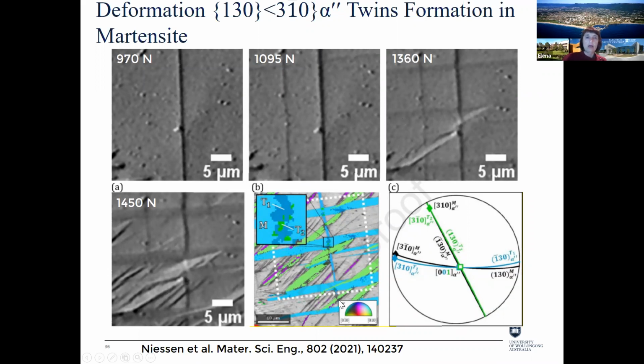And then if we do EBSD analysis, what was shown is that at intersection or impingement areas, we could see formation of deformation twins, which are 310-130 type.